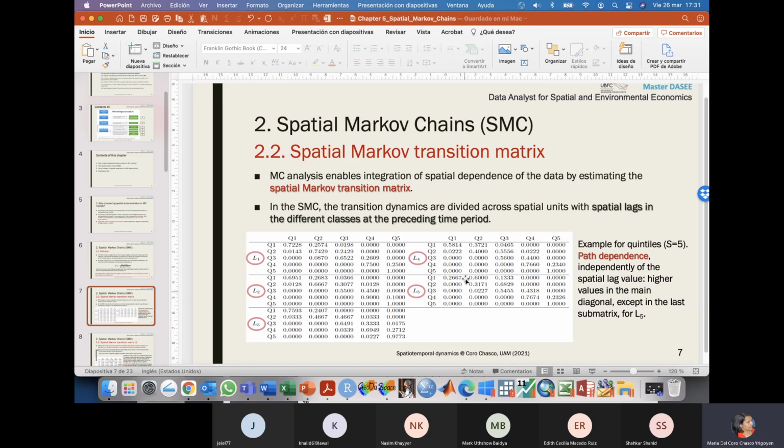Much higher. Oh, 60%. Nothing to do with this 0.25. Why? Because this jump is up. And it is easier or more likely to go up when my neighbors are also up, in the 5th quintile, than when my neighbors are very small, that they put you down easily.